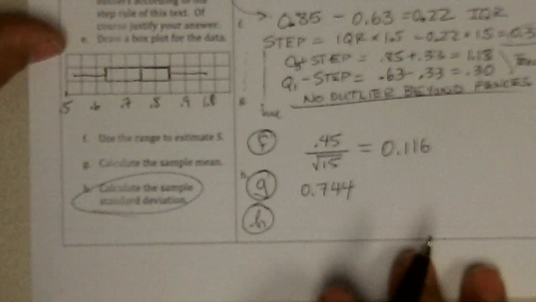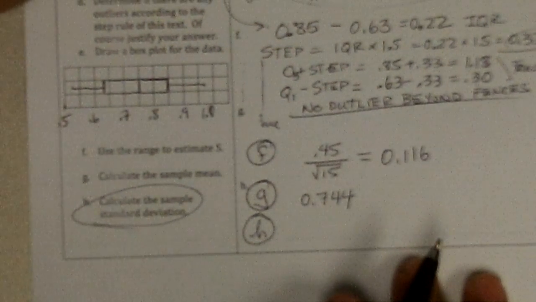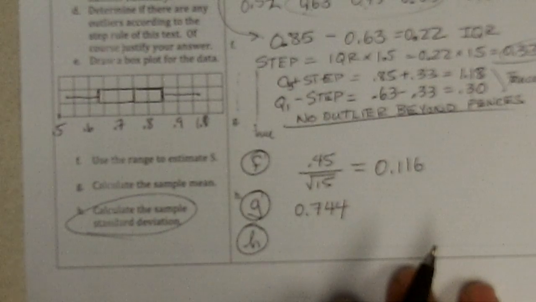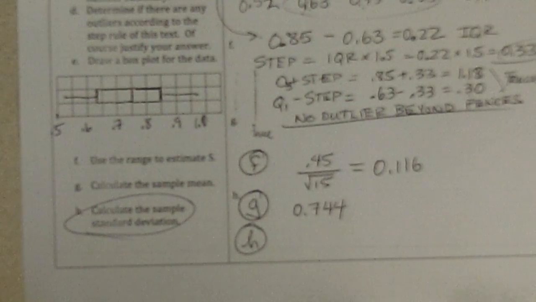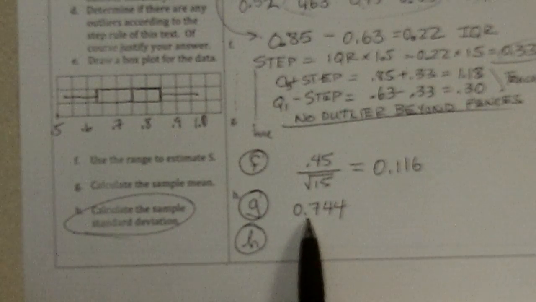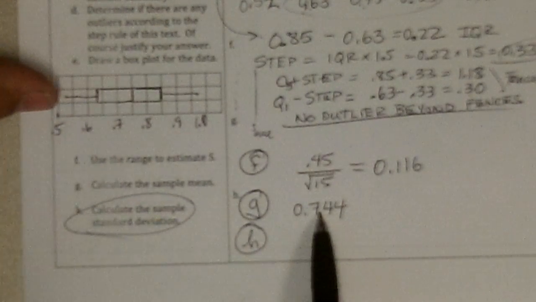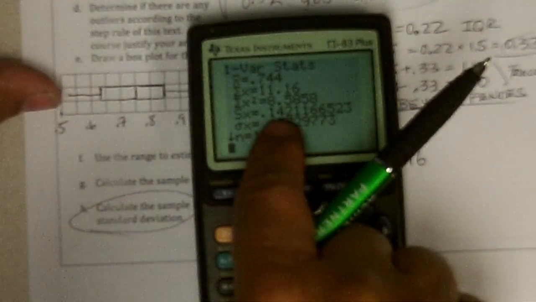So I could do that by taking each number minus the mean, square that, and then add them all up, divide by n minus 1, and then take the square root. I get that, but the sample mean here is 0.142.